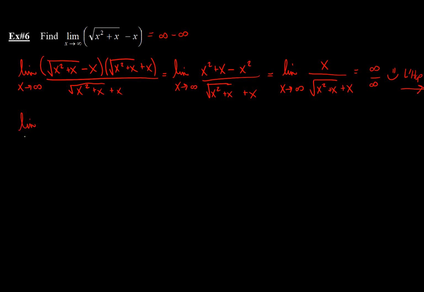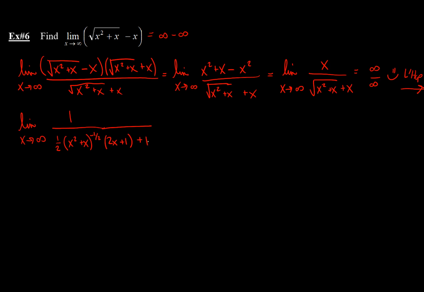So, limit as x approaches infinity. The derivative of x is 1. The derivative of the denominator, I'm going to bring the 1/2 down, and then multiply by the derivative of the inside, and then plus 1.